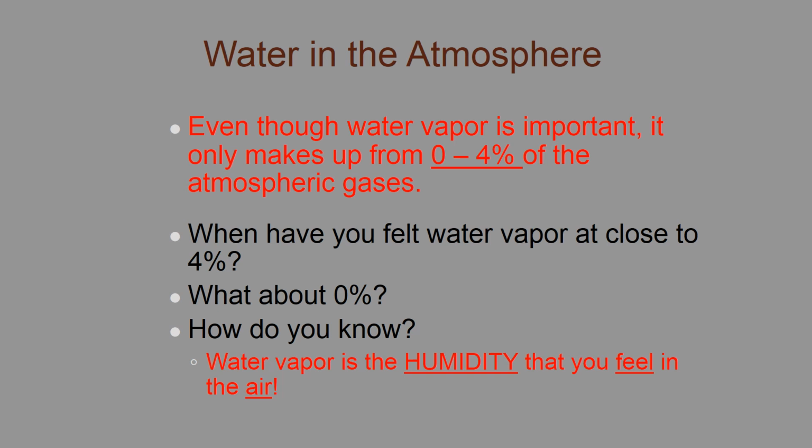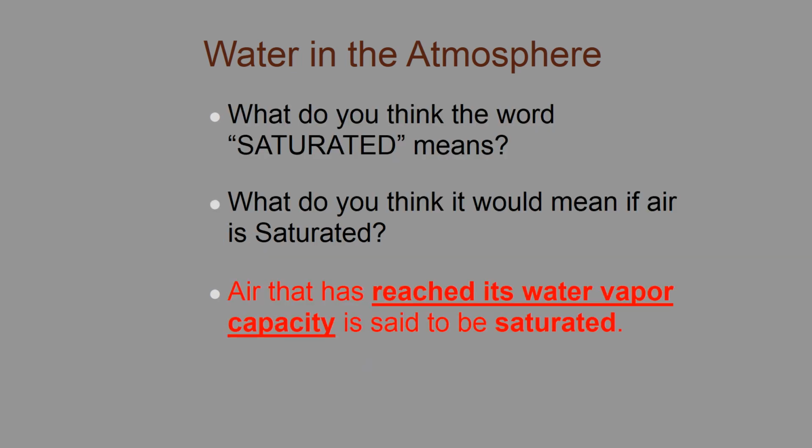All right, so what about 0%? You still don't know? Well, it's because water vapor is the humidity that you feel in the air. We have gone outside some days and it's humid and it feels like you can't breathe. So now you have to see where the water vapor is, what level of humidity that would be, and what percentage it would be in. So you actually know if it's really humid because of the water vapor percentage.